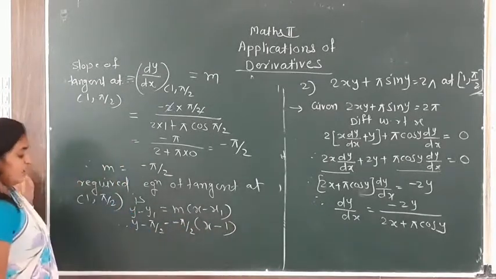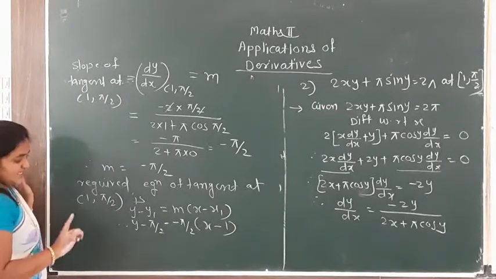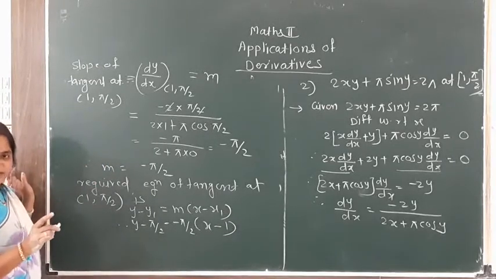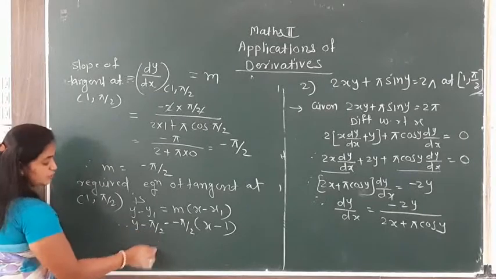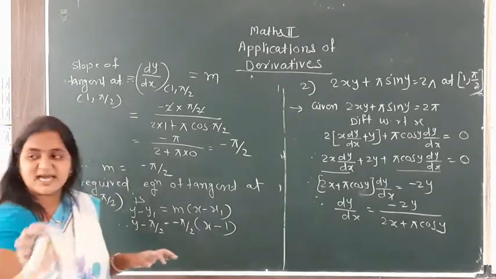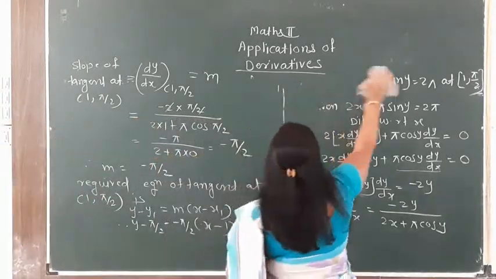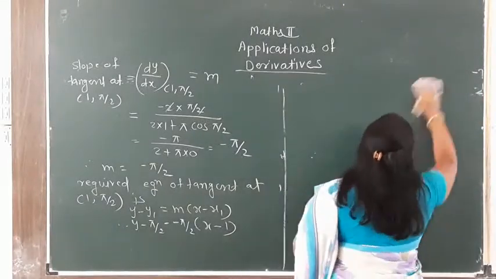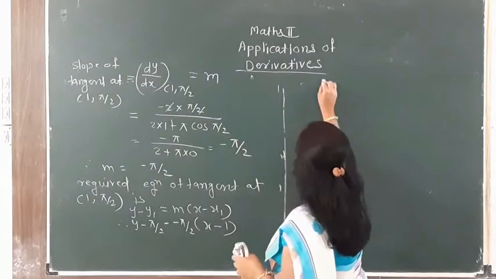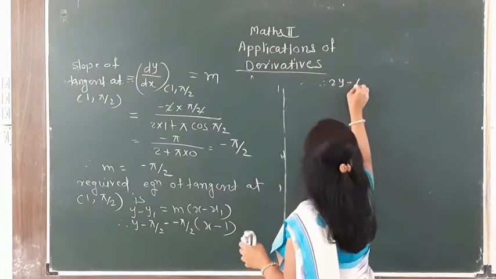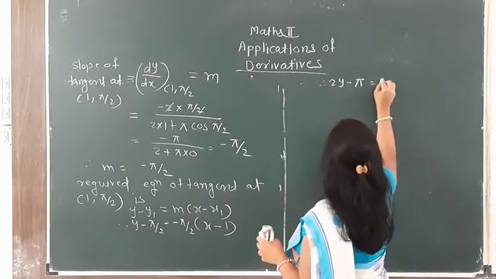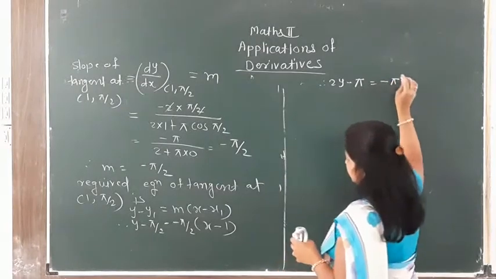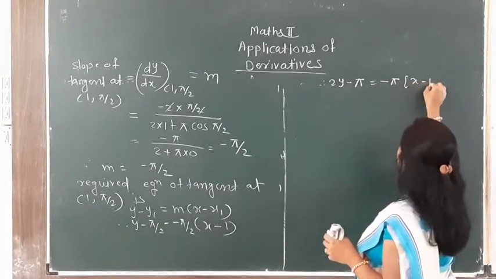Now the LHS and RHS both have a denominator 2, so multiply both sides by 2, and we get 2y − π = −π(x − 1).